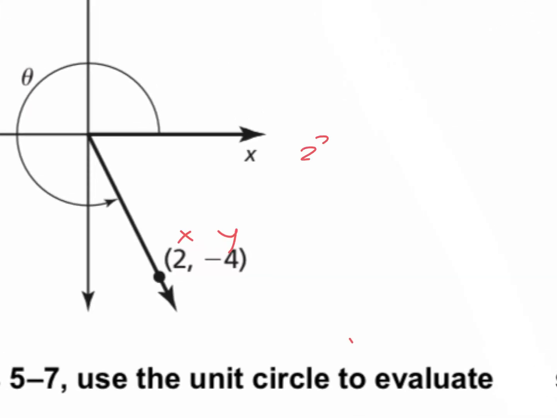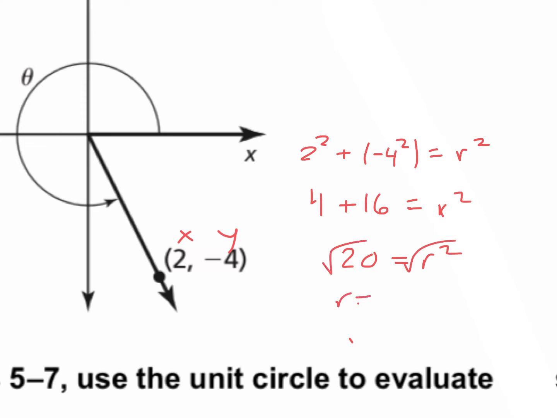So we have 2 squared plus -4 squared is equal to r squared. So 4 plus 16 is equal to r squared. 20 is equal to r squared. So r is equal to the square root of 20.